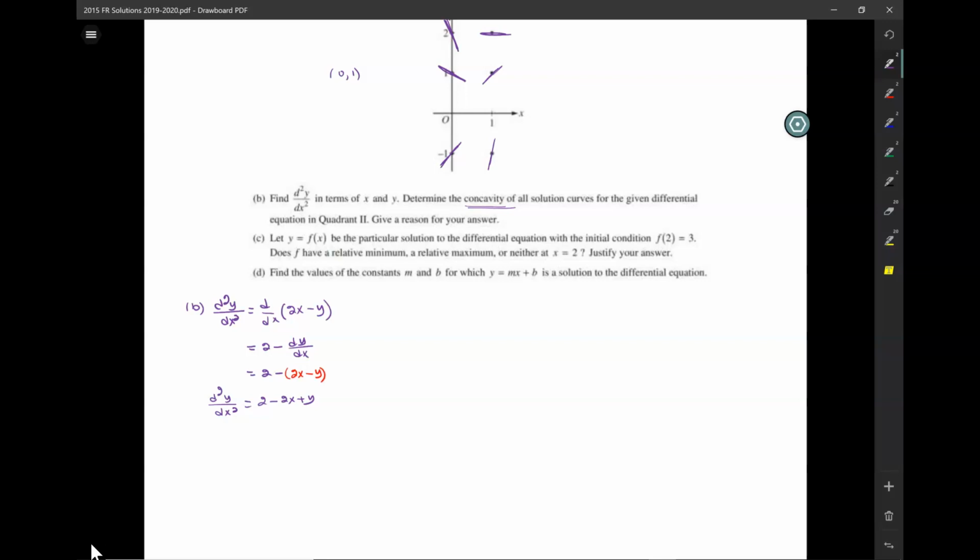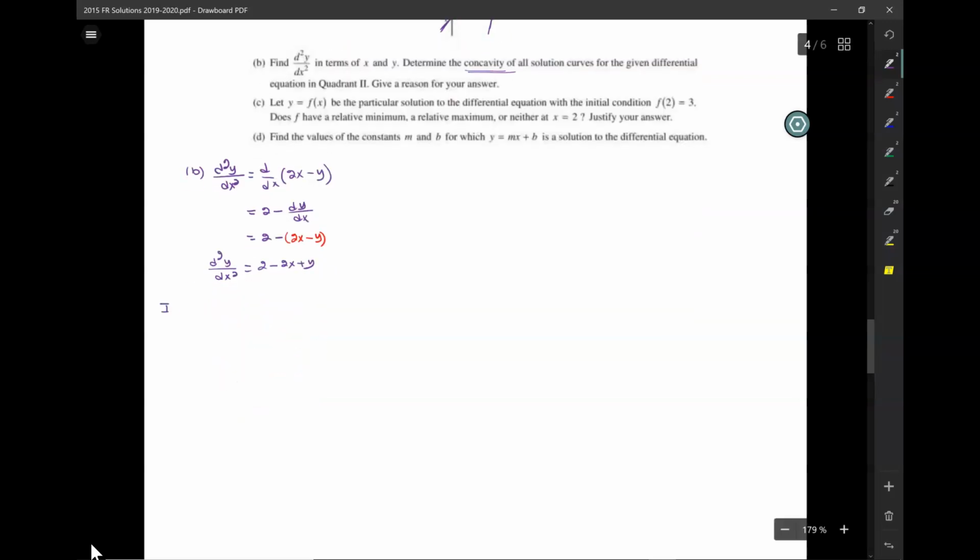When f double prime is negative, it's concave down. Quadrant 2 is where x is negative, y is positive. Correct? Okay? So, you say in quadrant 2, x is less than 0 and y is greater than 0.